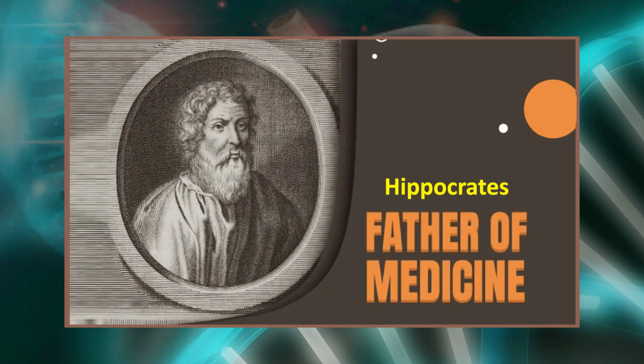In 400 BC, Hippocrates, as the father of medicine, believed in the inheritance of acquired characteristics. According to this theory, during sexual intercourse, the organs of the body of a parent transmitted an invisible seed which looks like a miniature-sized baby in the mother's womb.